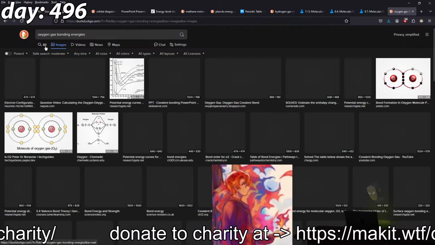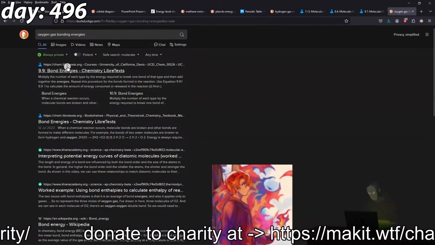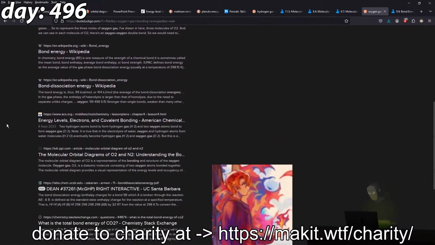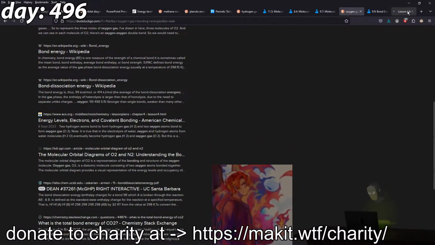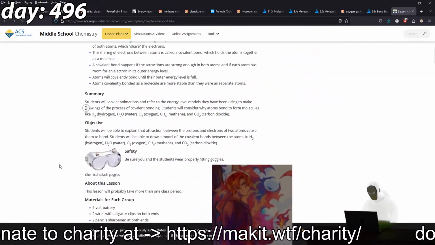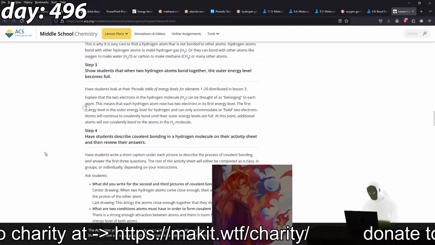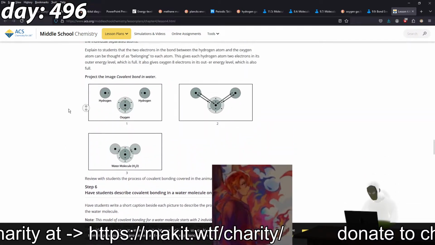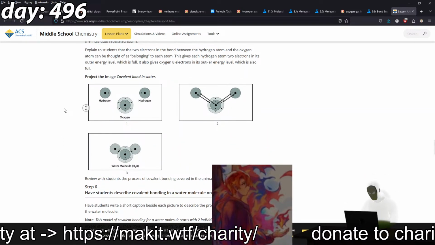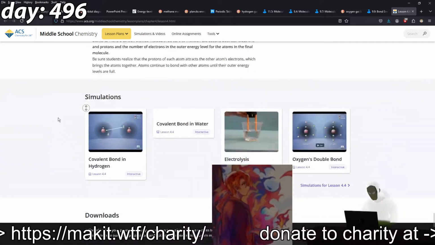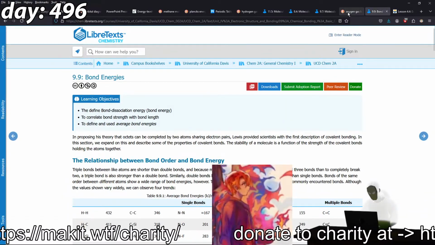I see what happens when you Google it. It just talks about the energies of the orbitals because it's doing a diagram. Hmm. I think I have found it.